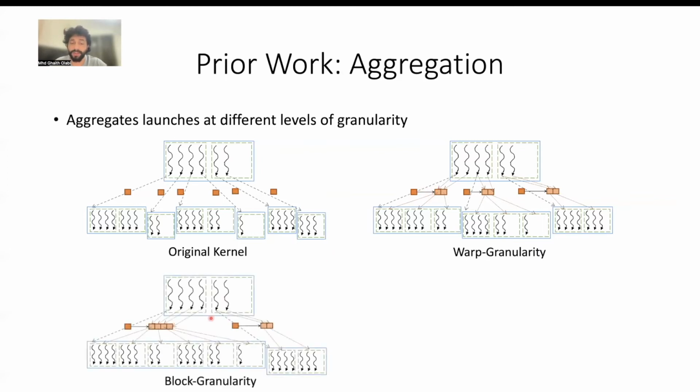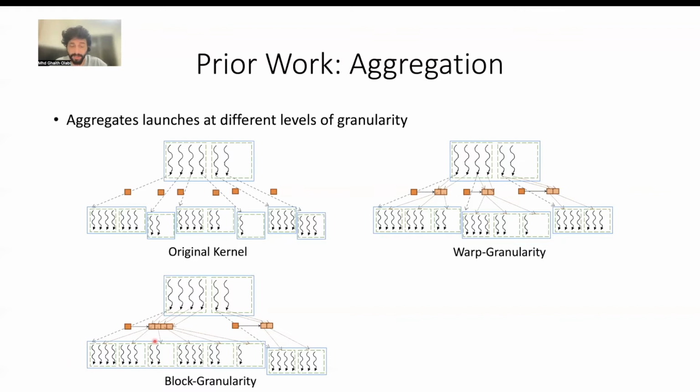A more aggressive granularity that aggregates more is block granularity. In block granularity, for every parent block, all the threads in this parent block are going to consolidate their dynamic launches, and then one thread from the parent block does the dynamic launch.